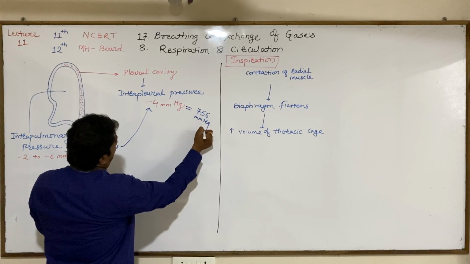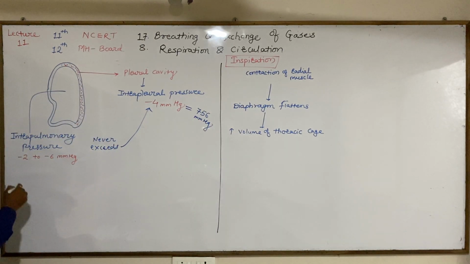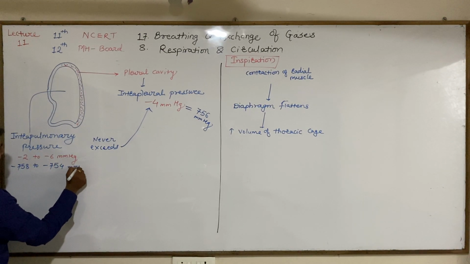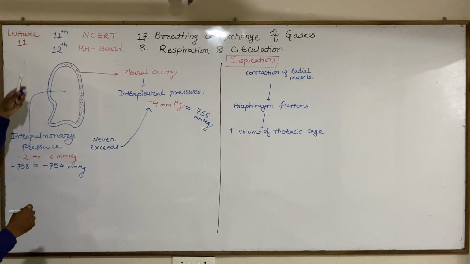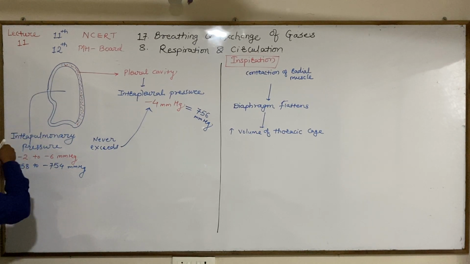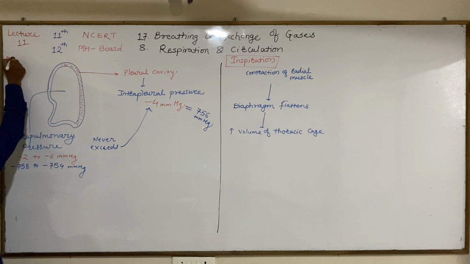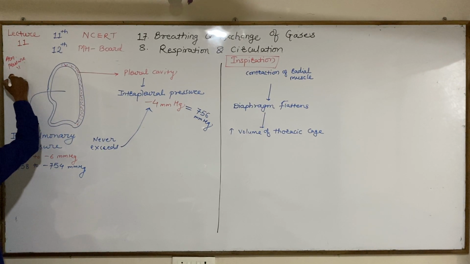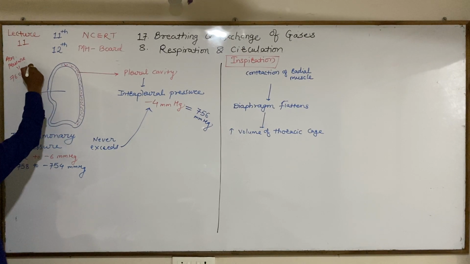mmHg. And here the value will be -758 to -754 mmHg. The atmospheric pressure is equal to 760 mmHg.